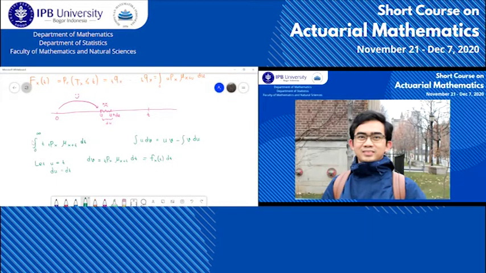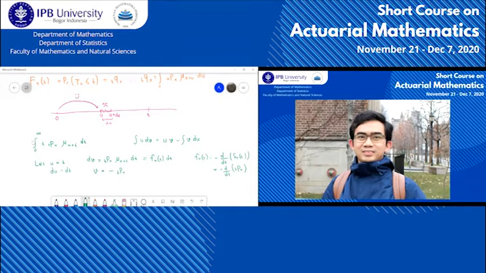By integration, we have v is equal to negative tpx. We know that f sub x of t is equal to the negative of the derivative of s sub x of t with respect to t, which is negative of the derivative of tpx.